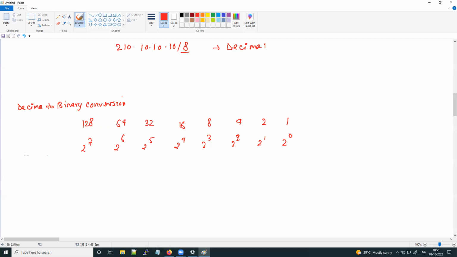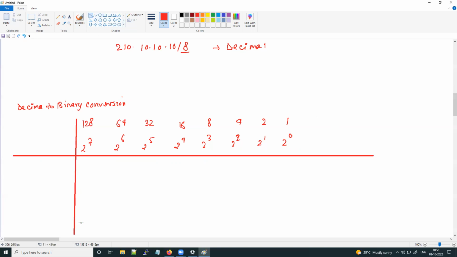If I have all 0, the result would be 0. That means all the bits will be 0. If the decimal number is 10, then we need to make this bit 1, which is 8, and this bit 1, which is 2. So 8 plus 2 is 10, and the rest of the bits will become 0.